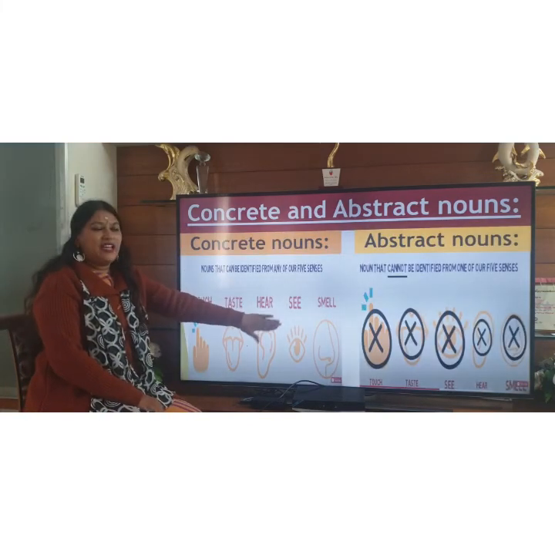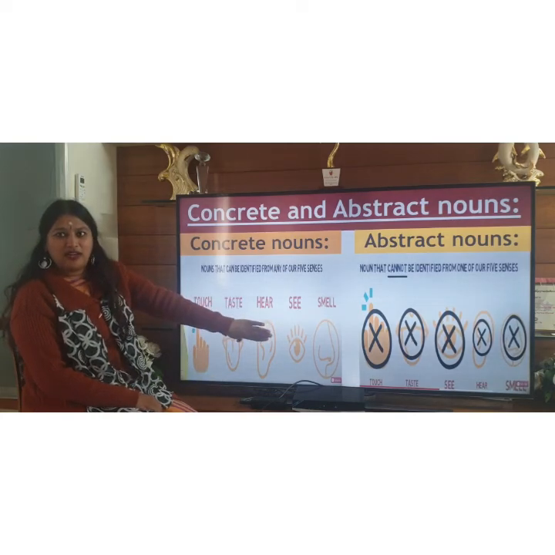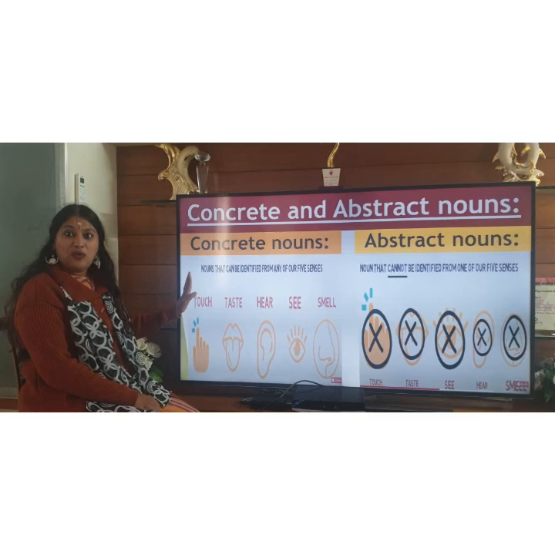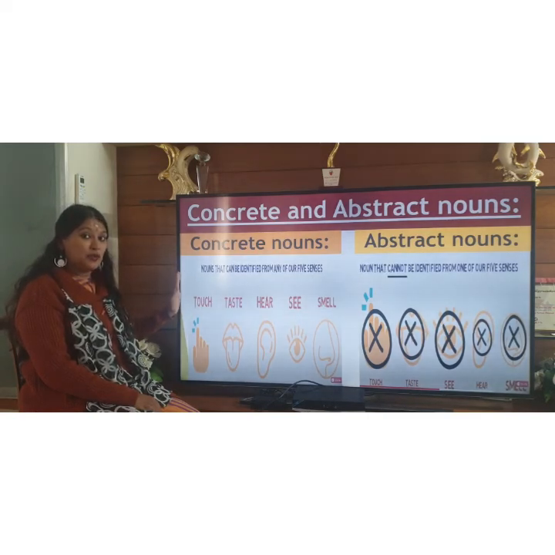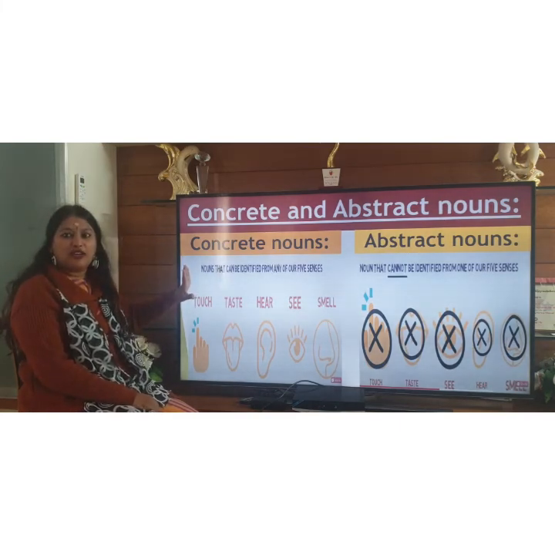So let's see first. Again you have the comparison chart of concrete noun and abstract noun. Now, since we have already done the concrete noun, I want to take you through a quick recap of only the examples of concrete noun.